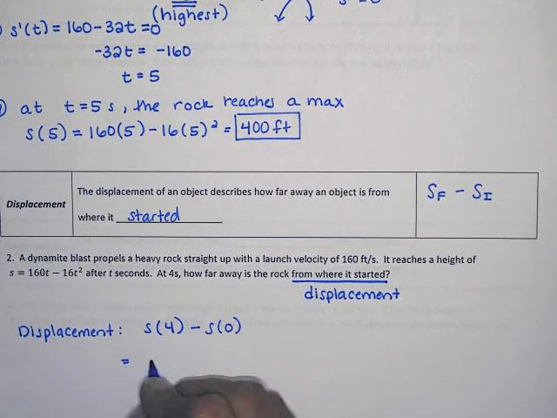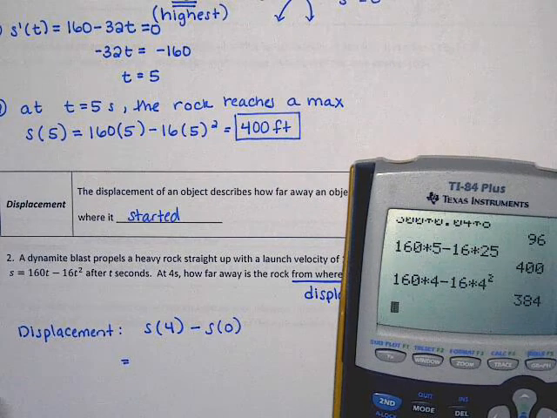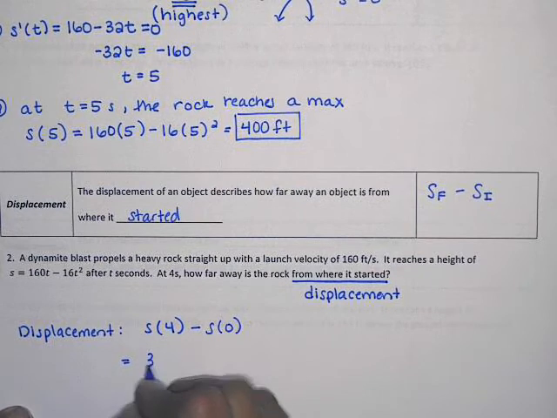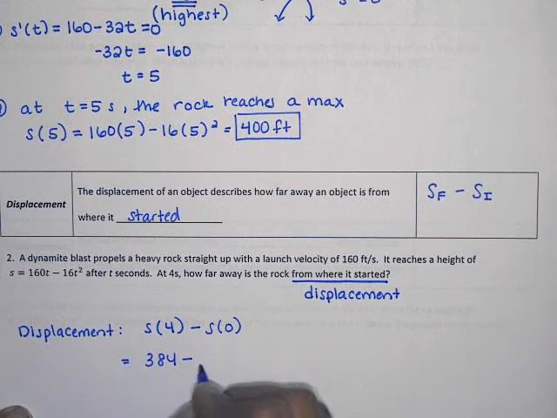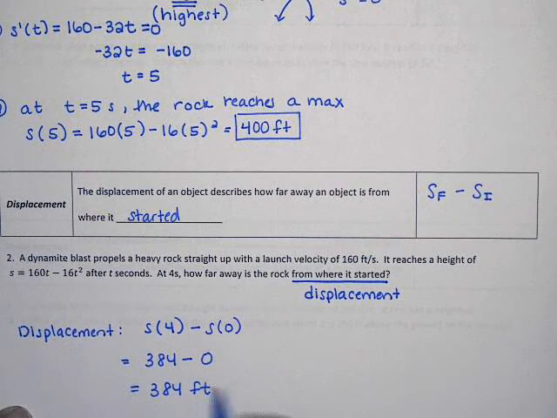S of 4 would be 160 times 4 minus 16 times 4 squared, which would be 384. So 384 minus my position at 0 would be 0. So I am 384 feet away from where I started.